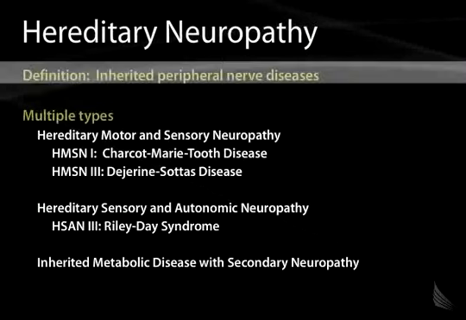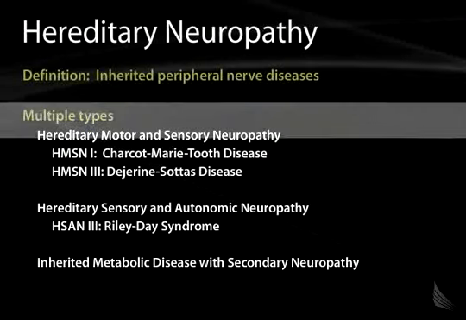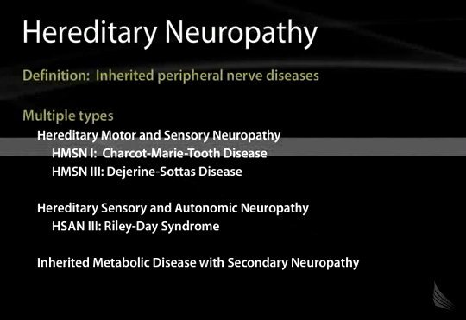There are also some hereditary neuropathies that I'd like you to keep in mind. The most important one is Charcot-Marie-Tooth disease. This is a hereditary motor and sensory neuropathy. And in this case, the patient can have both motor complaints and sensory complaints, either one or together.